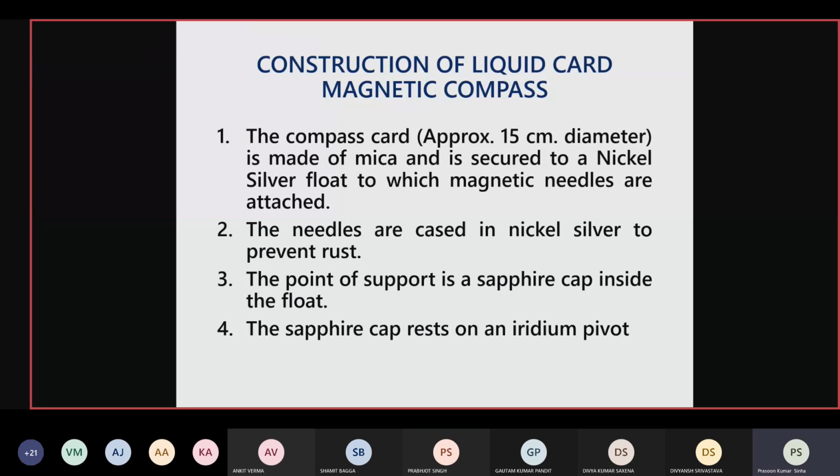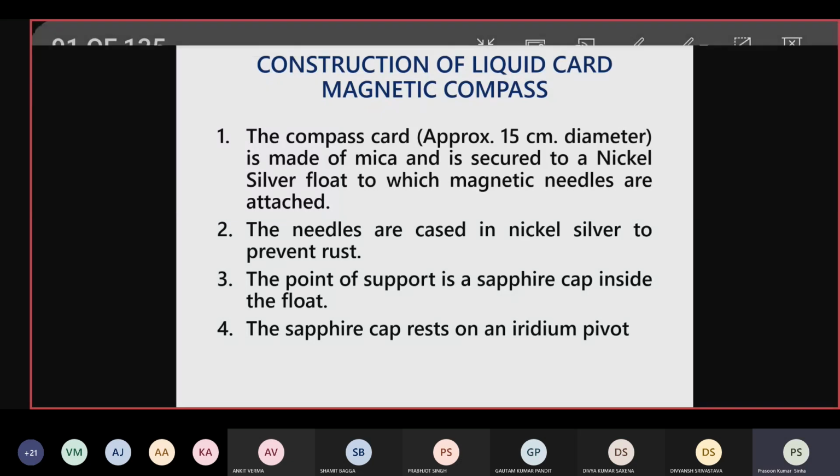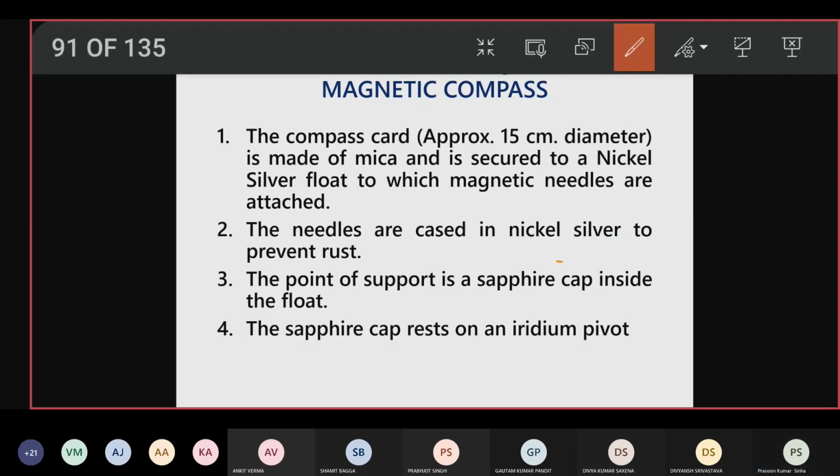We have also seen that there is a cap which is made up of sapphire. Sapphire is basically a gemstone, hard, but not as expensive as the diamond. Since it is hard, wear and tear is less.